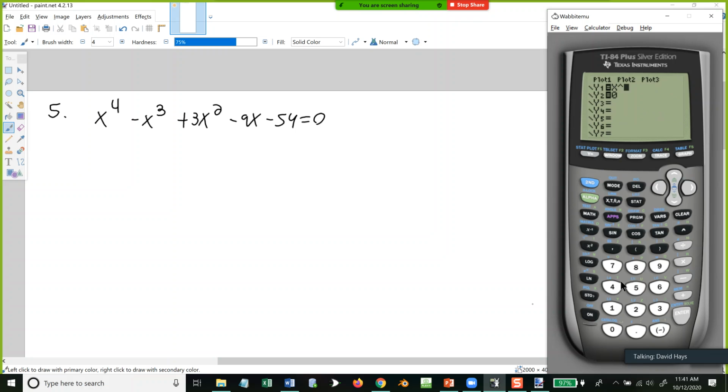So I have x to the 4th minus x to the 3rd plus 3x squared minus 9x minus 54. I'll do second trace, choose intersect. Looks like -2 and 3. And we could just plug in synthetic division because, you know, if it gives you a zero remainder, that means it is one of your answers. But I'll go through and verify it.